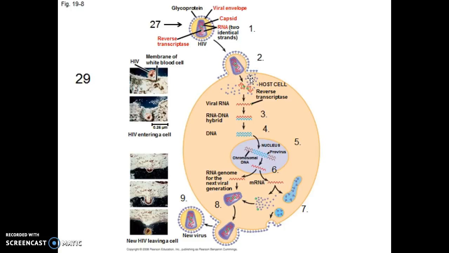So the first step of the infection of HIV in a cell goes as follows. Step 1, what we see right here, we have an envelope with glycoproteins which enable the virus to bind to specific receptors on, in the case of HIV, the host cell, which would be white blood cells. So we can see that going on kind of right here. We have the viral envelope.